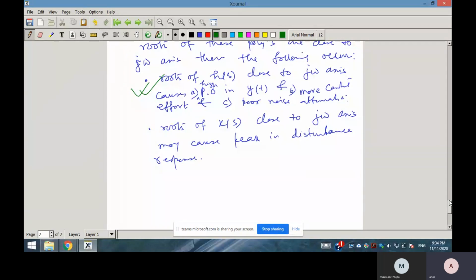Now, as I said, how to choose the desired closed loop pole polynomial? Not an ad hoc method, but based on my own experience, I will share the choice of the desired closed loop pole polynomial.